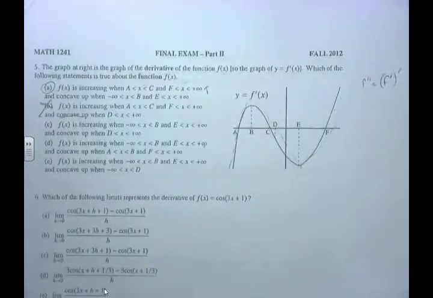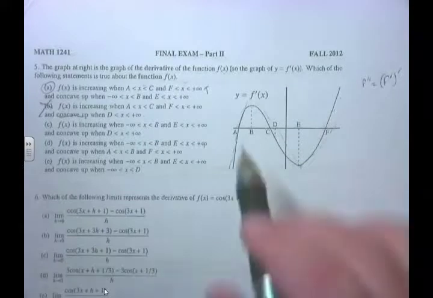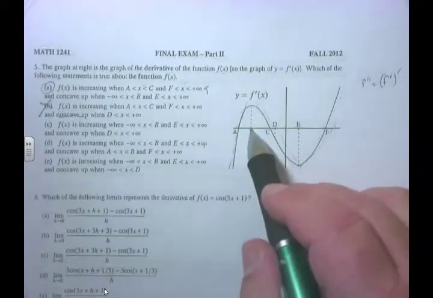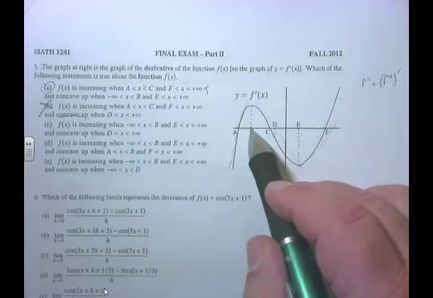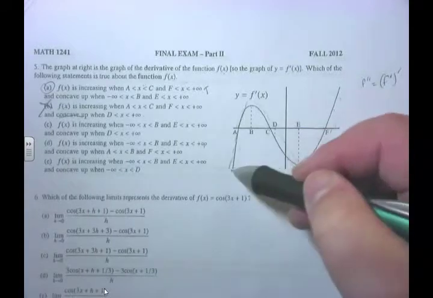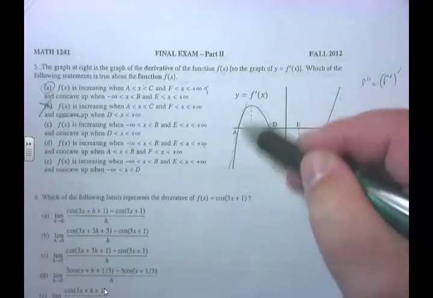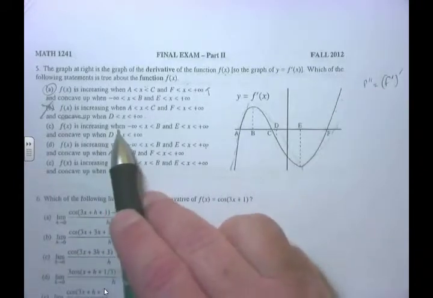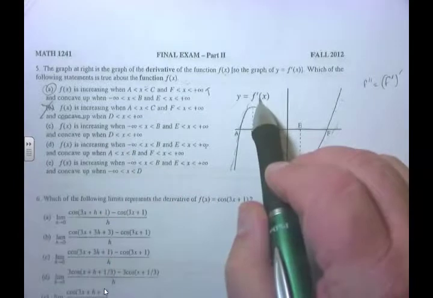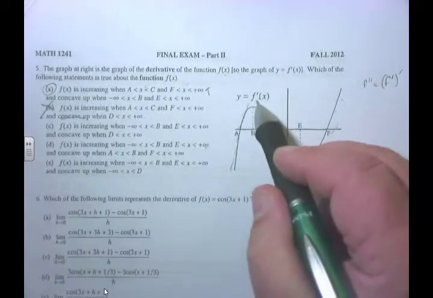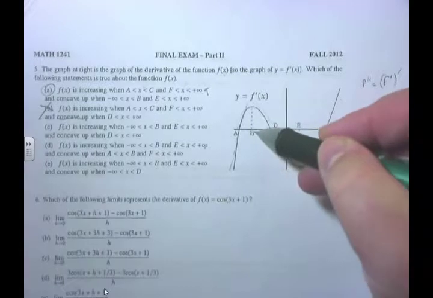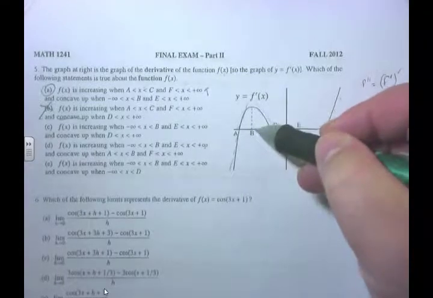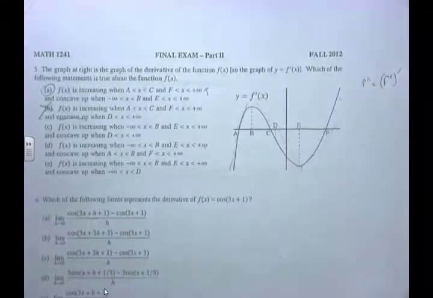So B is off. f is increasing between negative infinity to B. Between negative infinity to B, it's increasing. Well, no, the slope of that line is increasing. That means it's concave up. That's false right there. It's not increasing. Remember, this is the graph of the derivative. So for the function to increase, the derivative has to be above the x-axis.